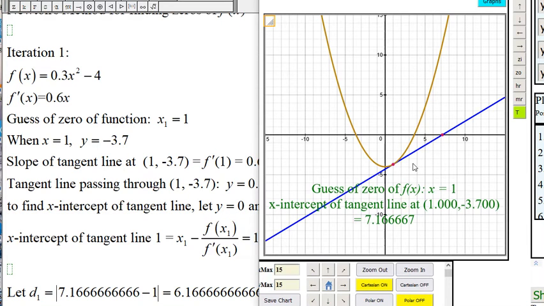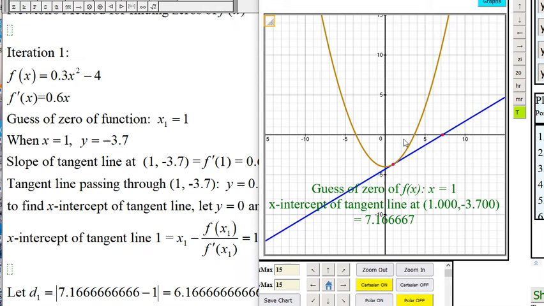And so this is called an iteration. After the first iteration, we found the first tangent line, and then we found the x-intercept of the tangent line to be at 7.1667. And so we continue on to what we call iteration number 2. In iteration number 2, we guess that the zero of the function is the x-intercept.